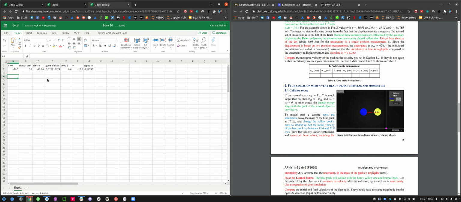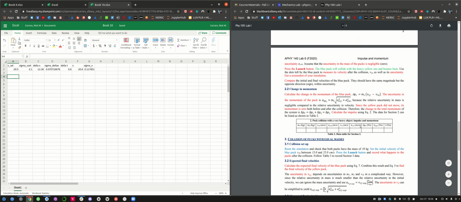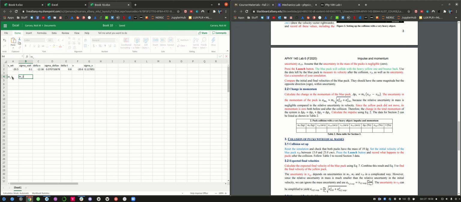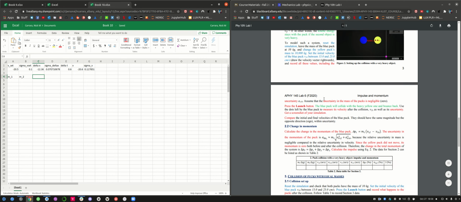And let's see. When we do that, we have to write down what our masses are going to be. And so essentially we want to copy what's in here, but with some additional information. So we have the masses of each, and I guess there's no uncertainty associated to those.